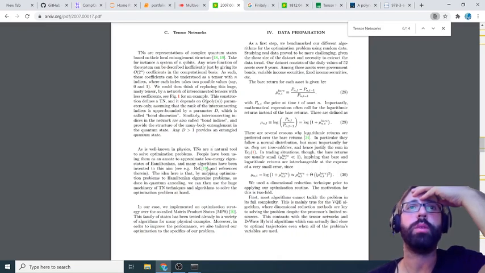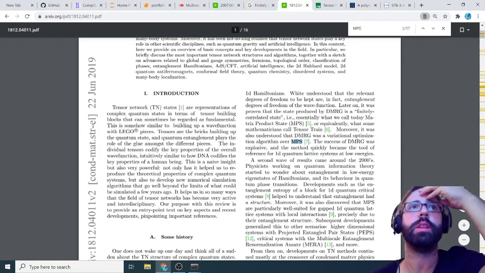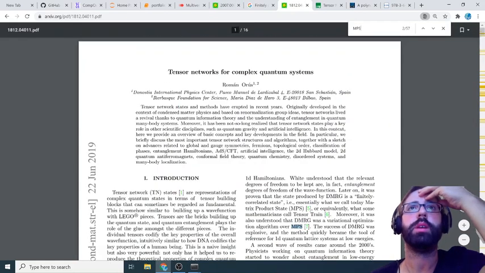As is well known in physics, TNs are a natural tool to solve optimization problems. Reference 19. So many algorithms have been invented to this aim. Reference 19 and therein. And so this is reference 19, right?